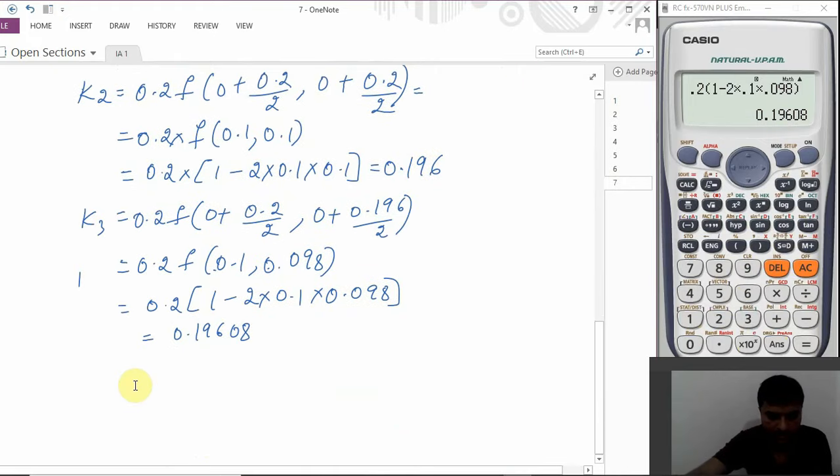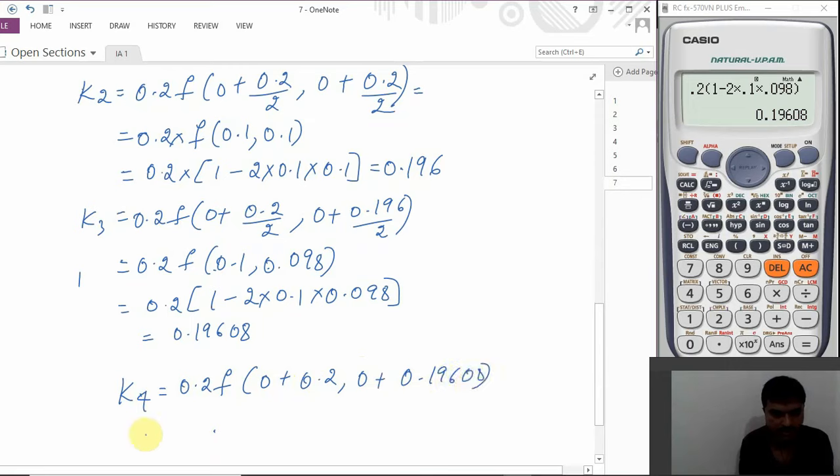Please see that. Substitute all the values. y1 is equal to y0 is 0 plus 1 upon 6. Substitute all the values: 0.2 plus 2 into k2. Substitute the values, friends. 0.196 plus 2 into 0.19608 plus the last k4, 0.18432.